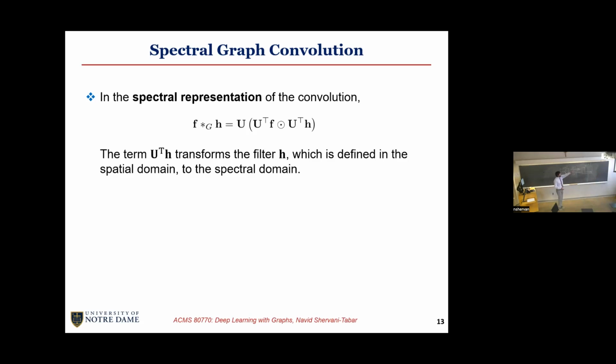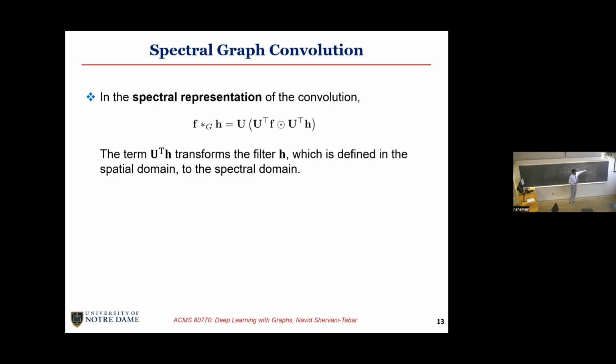All right, again, we have this convolution defined. In order to do convolution of the data defined on this graph with some filter H, we first take the signal to the spectral domain, then take the filter that is defined in the spatial domain to the spectral domain.